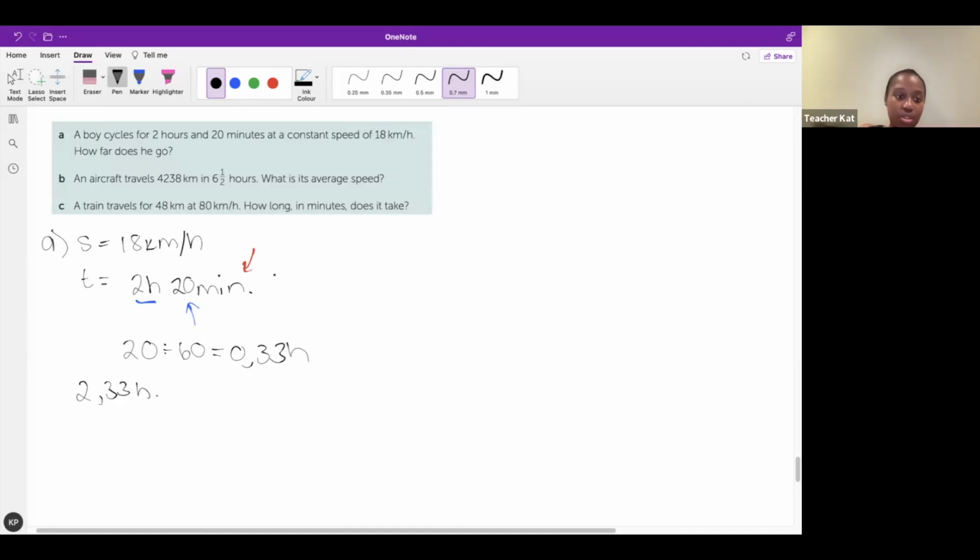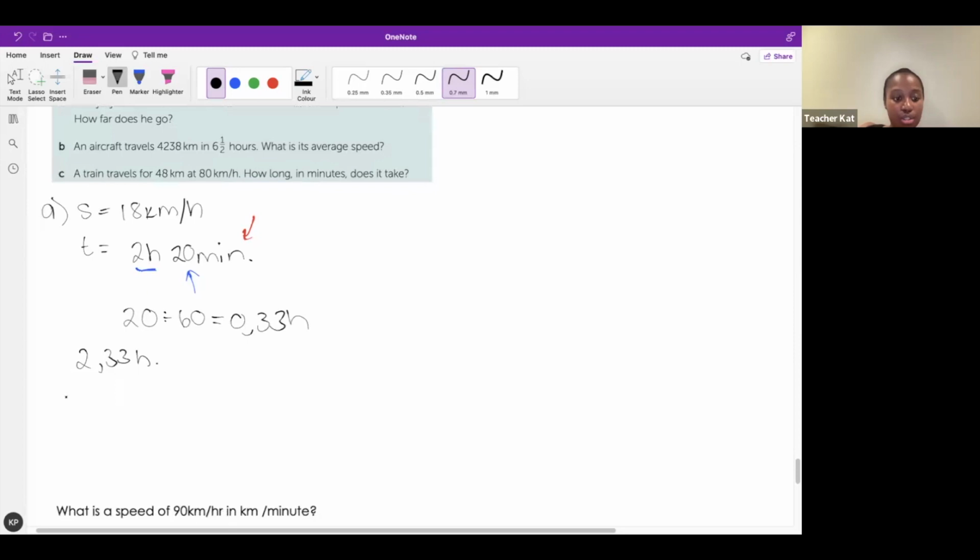Then we can just substitute from then on. They asked us, how far does he go? So distance equals speed times time, which means we have 18 times 2,33. And how much is that? If you have stored the 0,33 on your calculator, it's still going to be 33 recurring. Remember I said try to round off at the end.